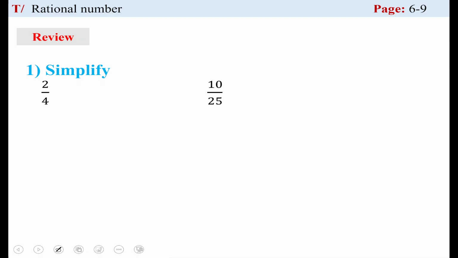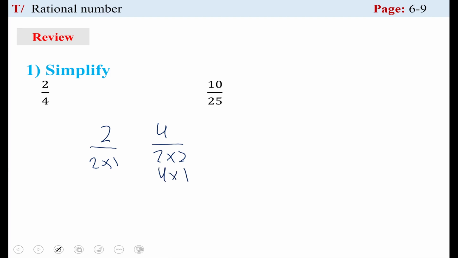So for example, 2 and 4. What is the common number between 2 and 4? We can say 2. 2 times 1 is 2. 2 times 2 is 4, and 4 times 1.